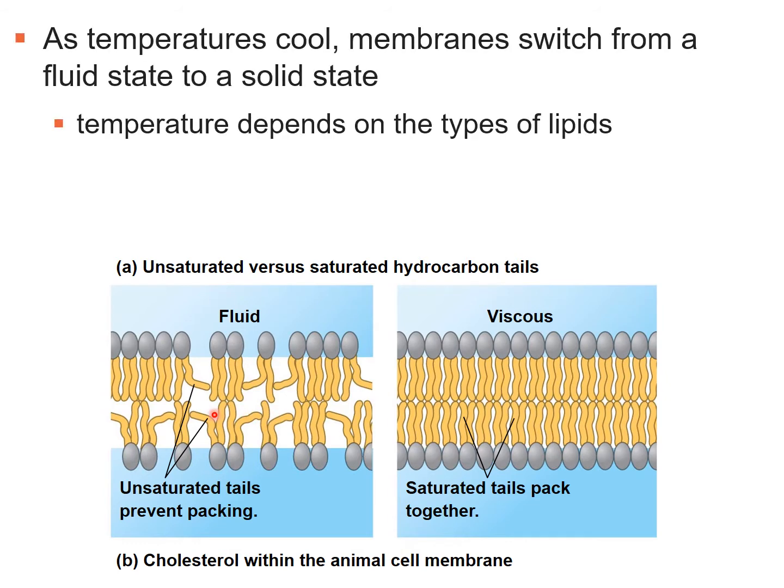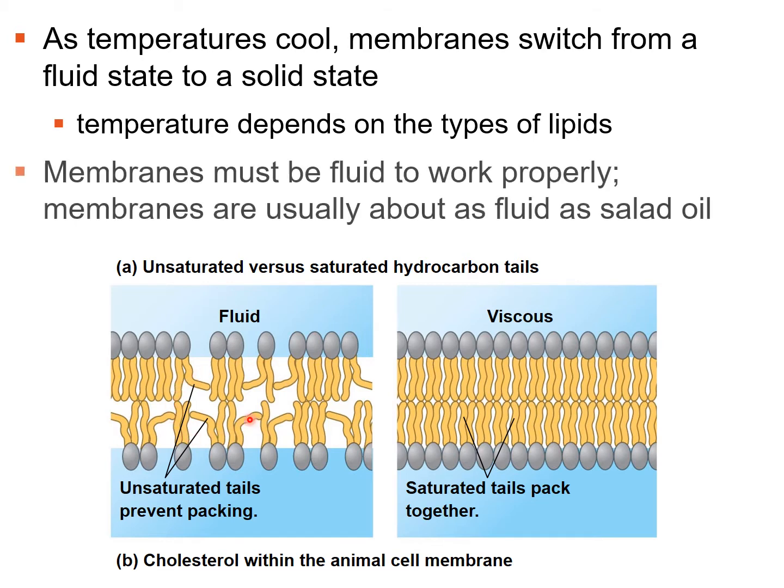Now, temperature can change this situation, right? As the temperature cools, a membrane that has more saturated fatty acids is going to become too rigid. One that is more fluid, with more unsaturated fatty acids in there, will be okay when the temperature cools.